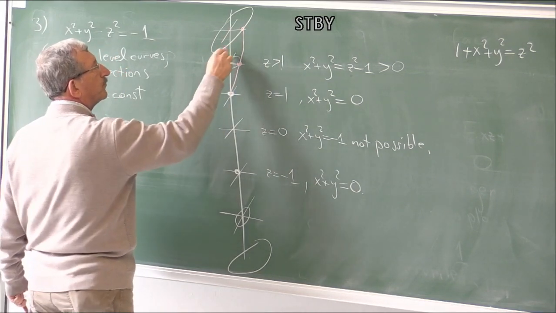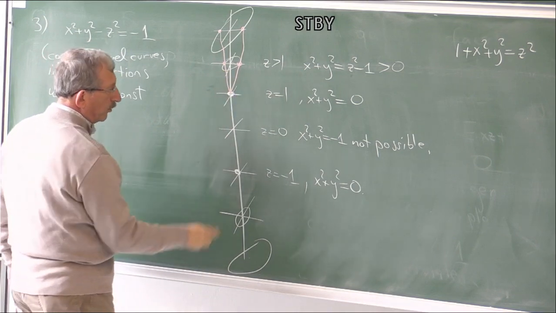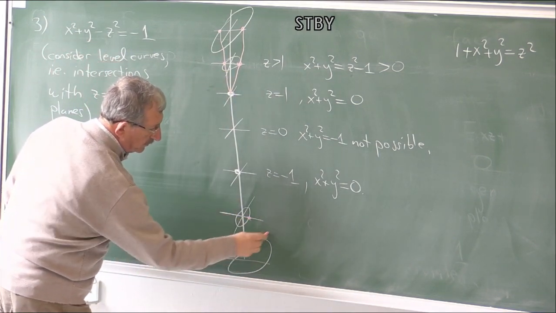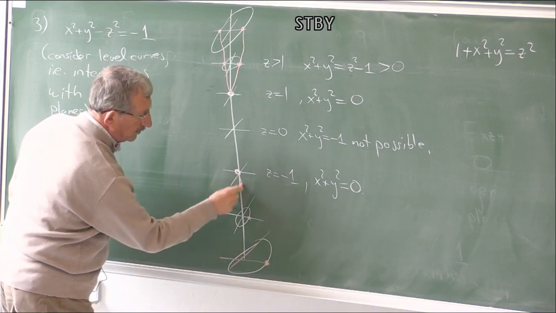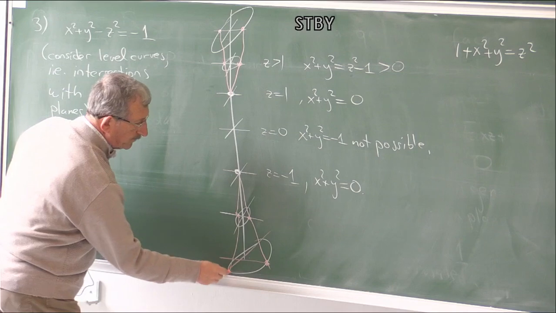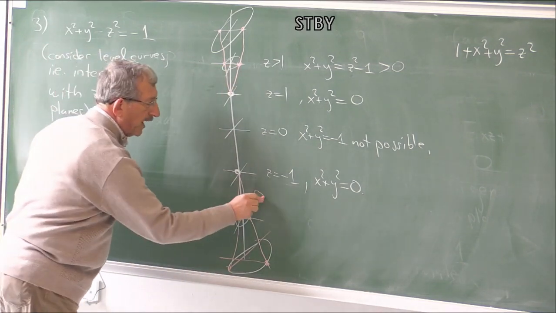And also on this side, and also here, like this, and so on. These curves, call it gamma curve.